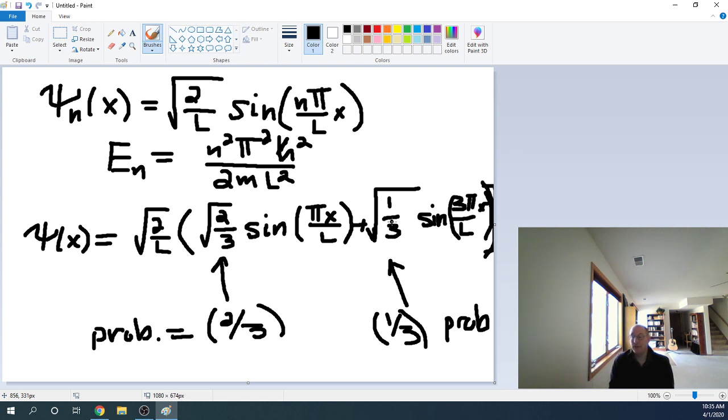It's kind of like if you were to take a measurement of the diameter of a quarter using a micrometer. Let's say that you take two measurements. One of them is 1.3 centimeters, and the other is 1.5 centimeters. That's the only two measurements you took. What's the average of those two? It'll be 1.4 centimeters.